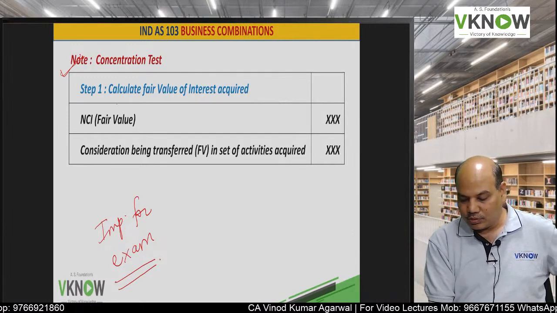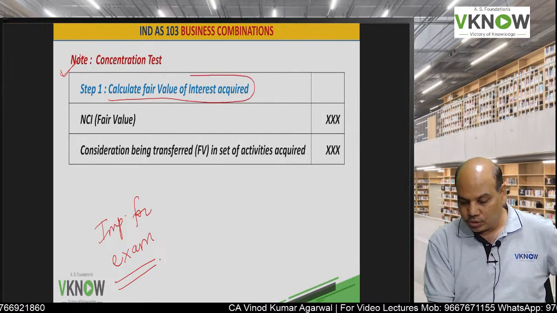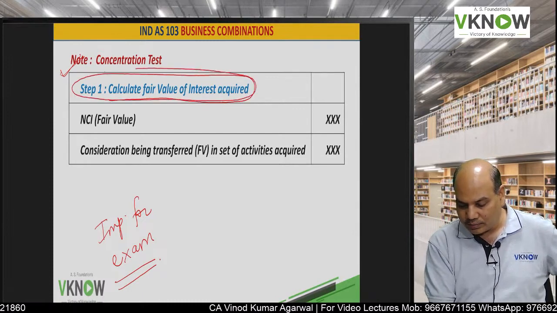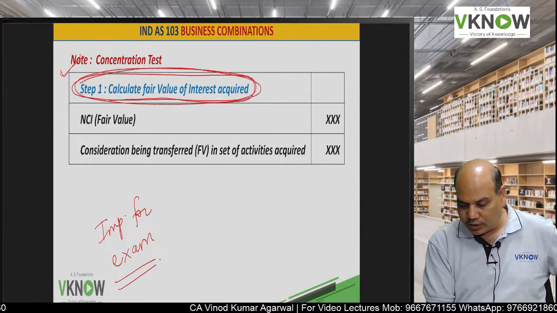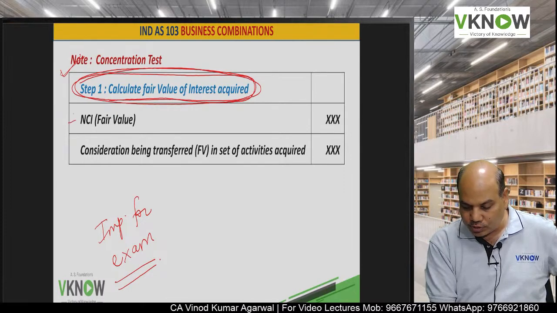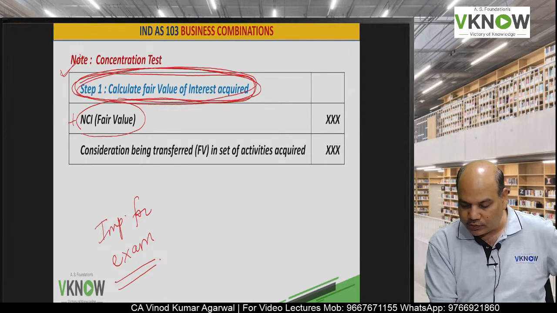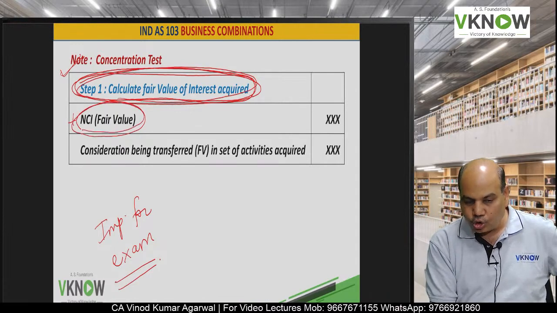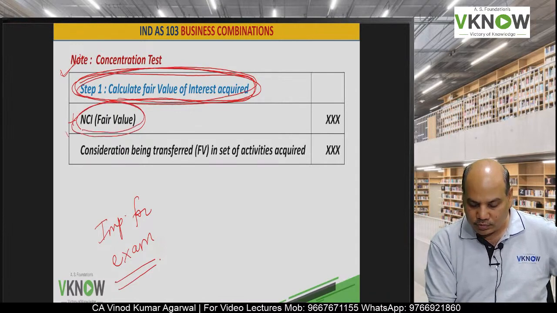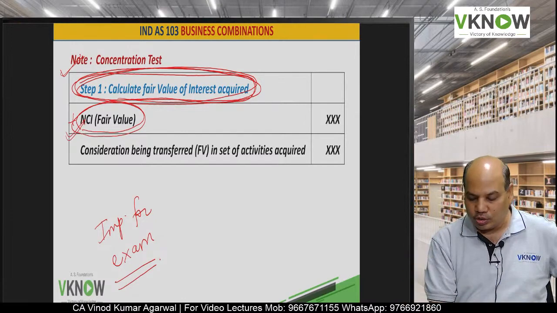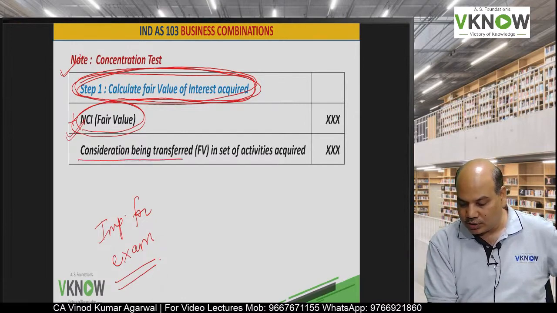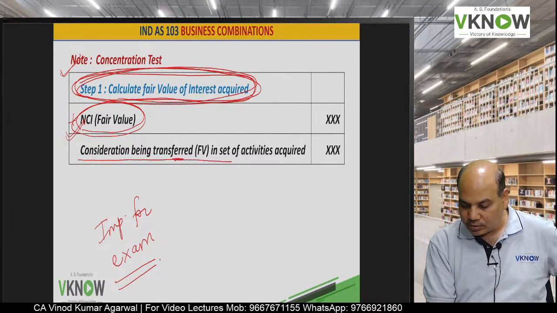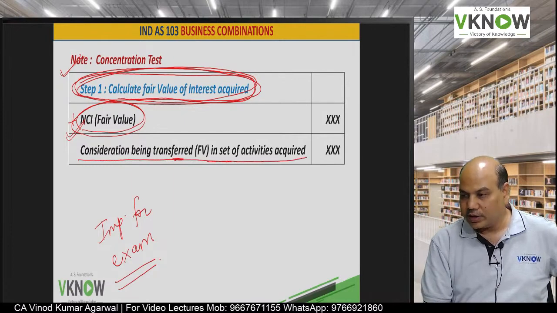So first you calculate the fair value of the interest acquired. First we will calculate the fair value of the interest acquired, which is equal to non-controlling interest, NCI, plus consideration transferred in the set of activities acquired.